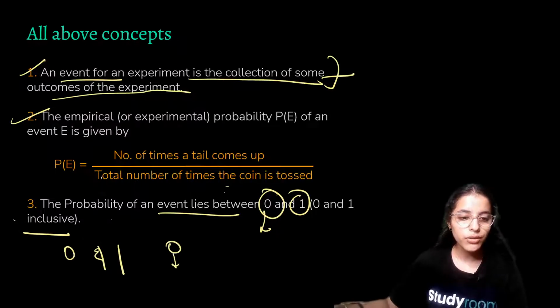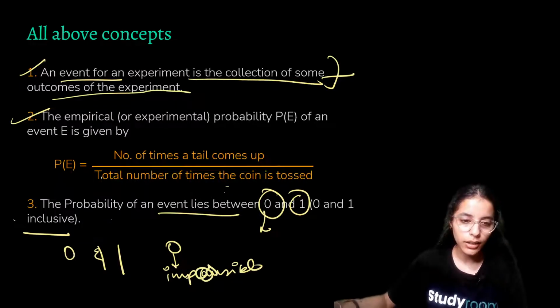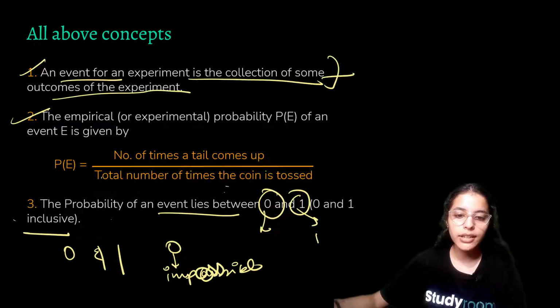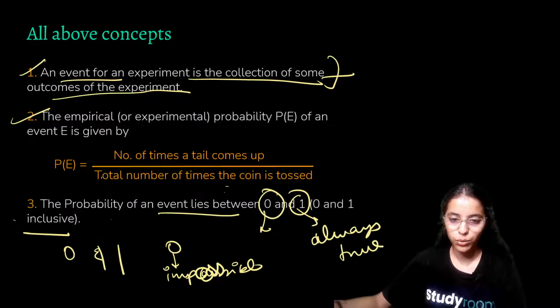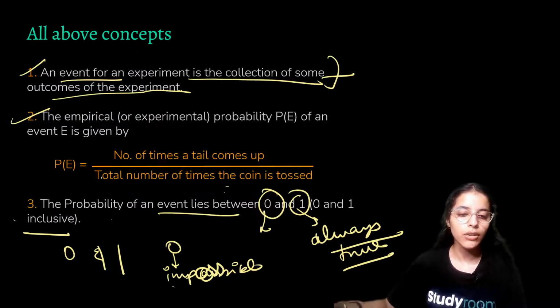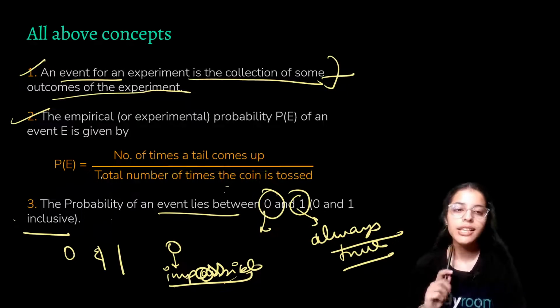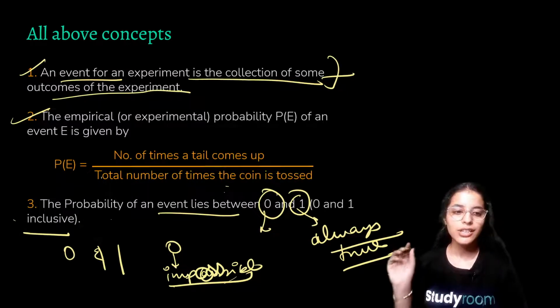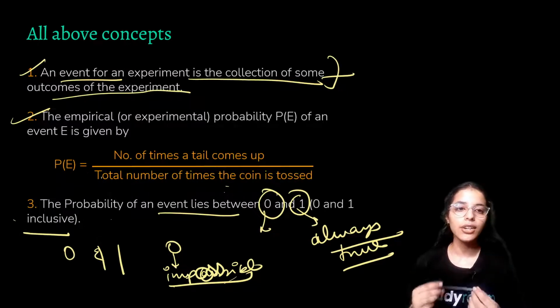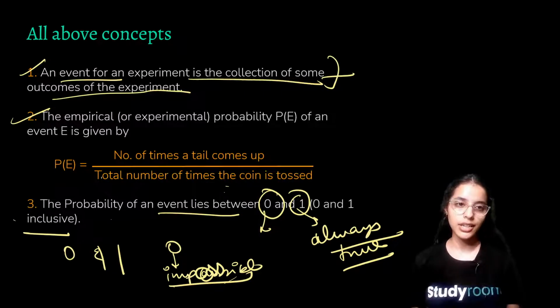So 0 is when our event is impossible, and 1 is when it is always true, right? For example, the sun rises from the west. The sun never rises from the west, so the probability of such an event is 0.